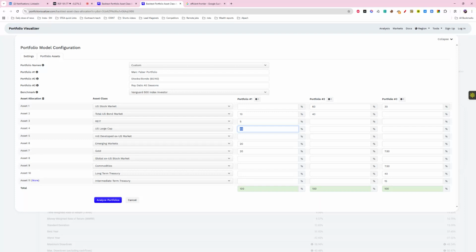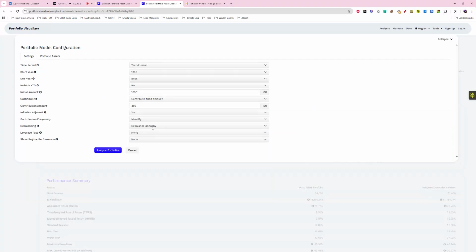So you always have 45% in large cap, 5% always in real estate, and 10% always in the bond market. Whichever one tends to perform much better, you take that money and distribute it between all the other assets. Basically, that's what our annual rebalancing is doing.